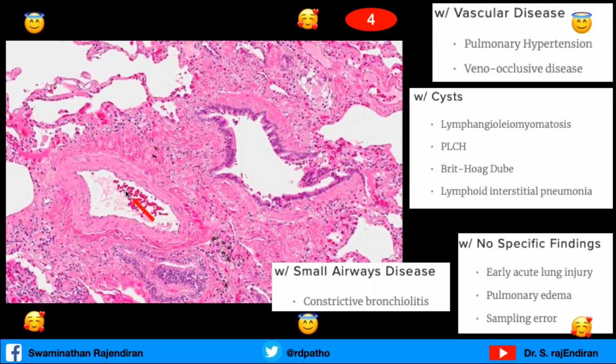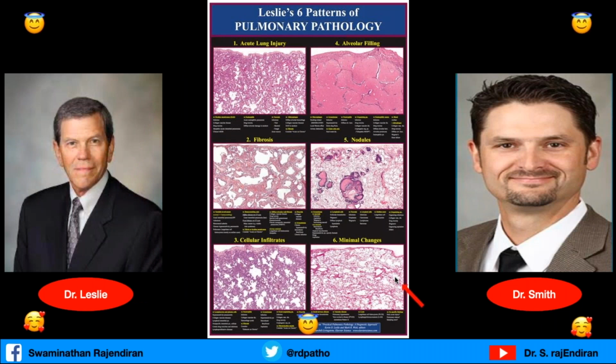Airway should always be with the blood vessels, and whenever you see only airway or only blood vessel, there is a problem. There are 4 subtypes in the normal pattern, with vascular diseases, with cysts, with no specific findings, and with small airway disease. So this is the Leslie 6 pattern of pulmonary pathology.